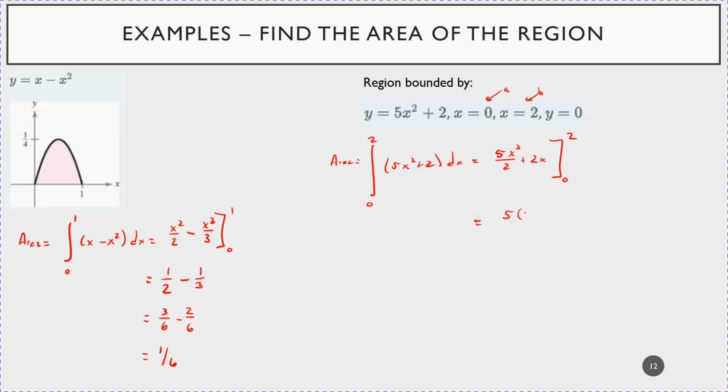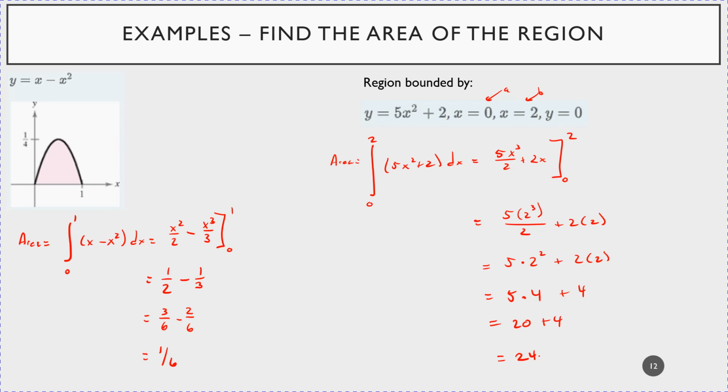This is 5 times 2 cubed over 3 plus 2 times 2. Notice there's a 3 down here, so this is really 5 times 2 squared when you cancel, plus 2 times 2. This is 5 times 4 plus 4. Well, 5 times 4 is 20, 20 plus 4 gets me 24.